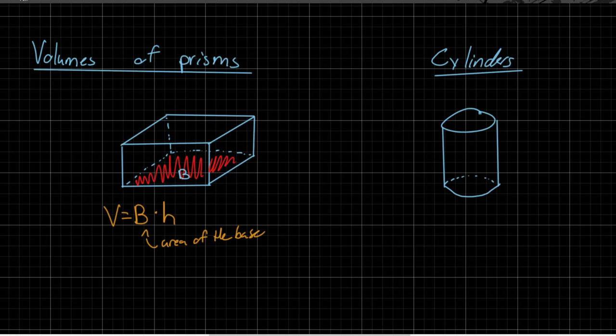Base times height. Because it's what type of shape? Rectangle. So square or a rectangle. To get big B, so the area down below, we do length times width. So this is length, this is width, this is our height. Renato gave us the one for triangles. Rogue, what was it?